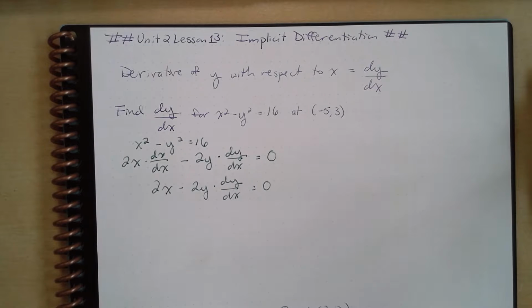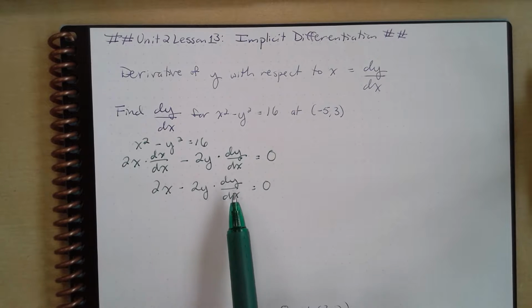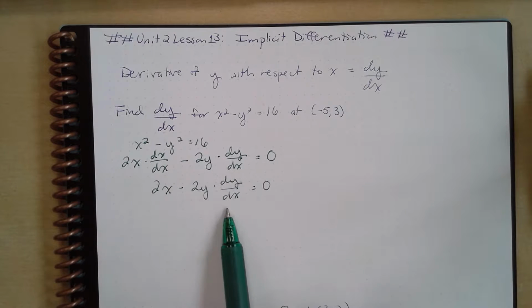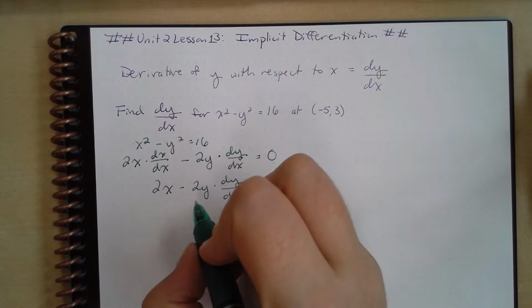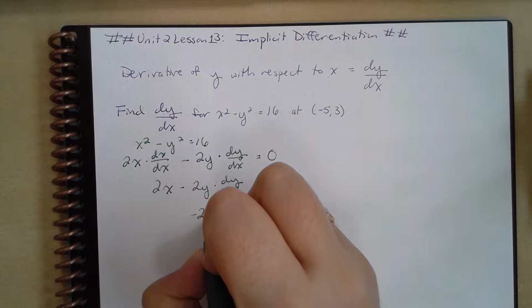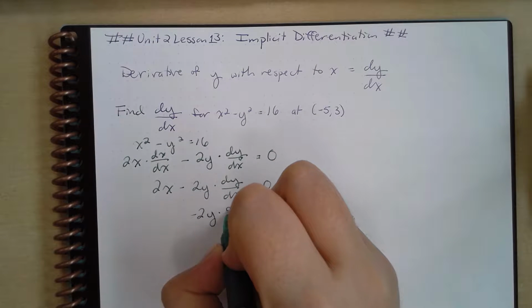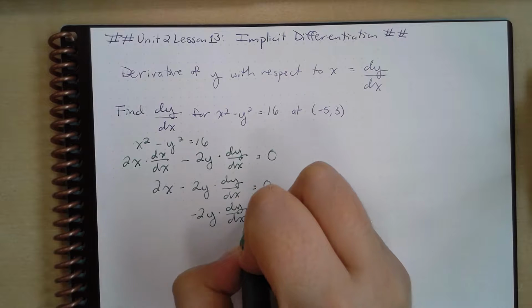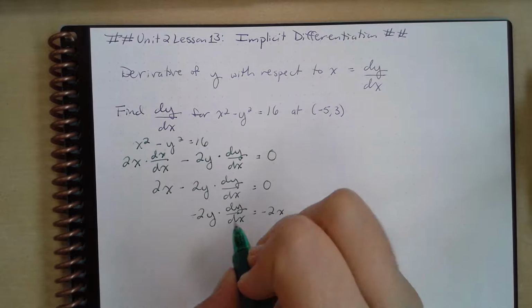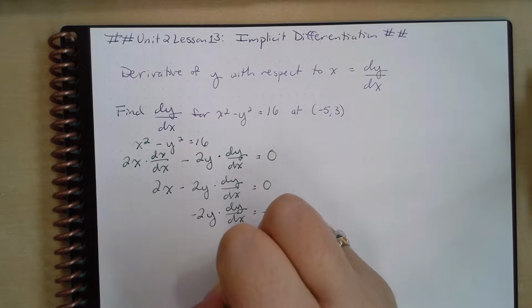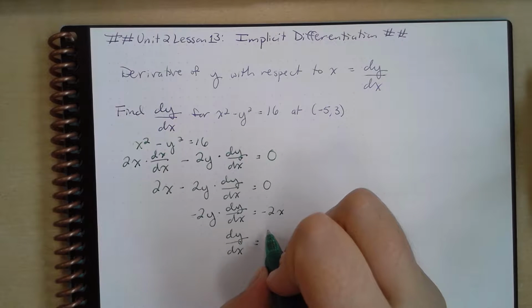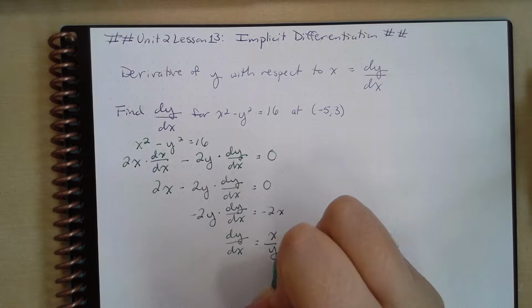Now, when we're finding the derivative of y with respect to x, we're trying to isolate that dy over dx. So I subtract 2x from both sides. So I get negative 2y times dy over dx is equal to negative 2x. Then I have dy over dx is equal to negative 2x over negative 2y, which is just going to be x over y.